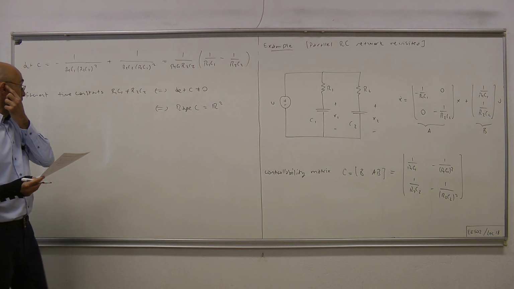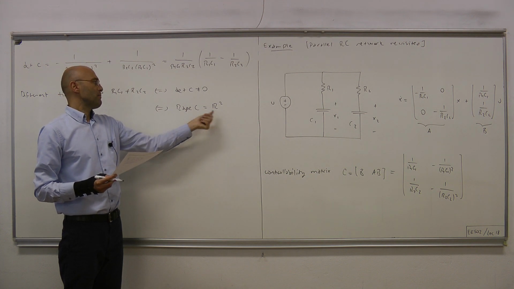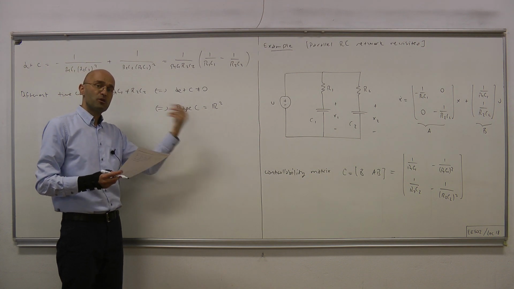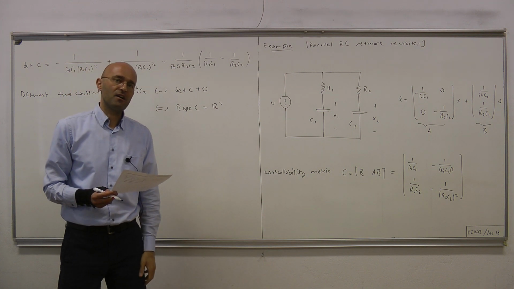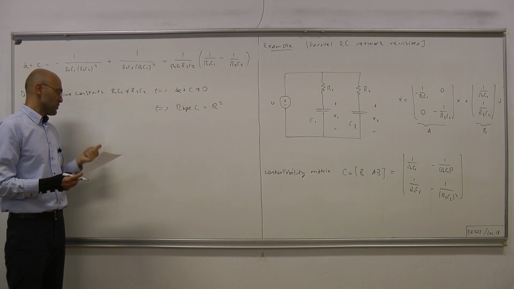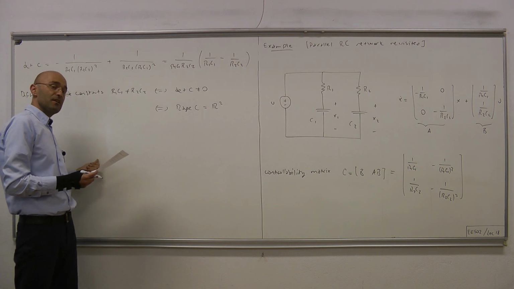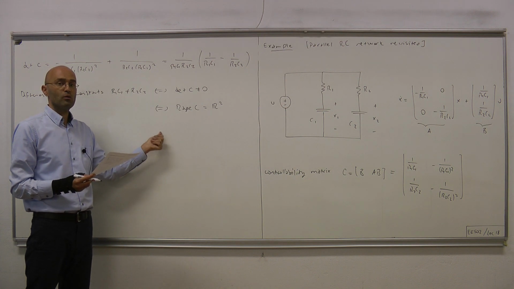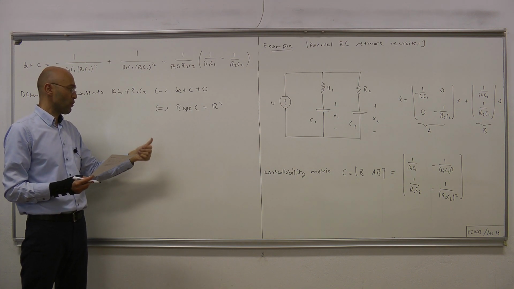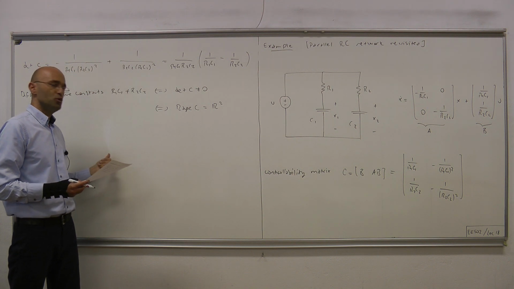So that means the controllable subspace and reachable subspace, because they are the same for an LTI system, is the entire R2. So that means starting from the origin, you can take the system to any point you like, and likewise, starting from any point, you can drive the state to the origin.